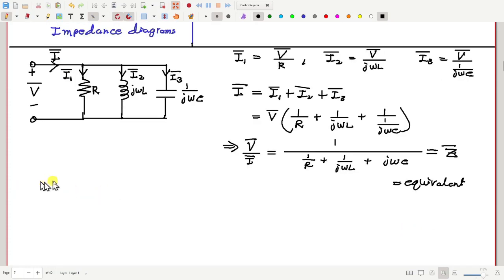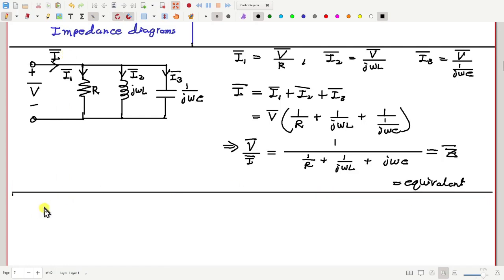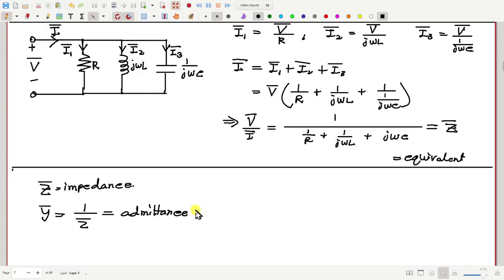And also let me just tell you, if we have any impedance, suppose Z is the impedance of some circuit, then the quantity, call it Y, which is 1 over Z, is called the admittance, which is analogous to conductance in resistive circuits, I mean DC circuits.